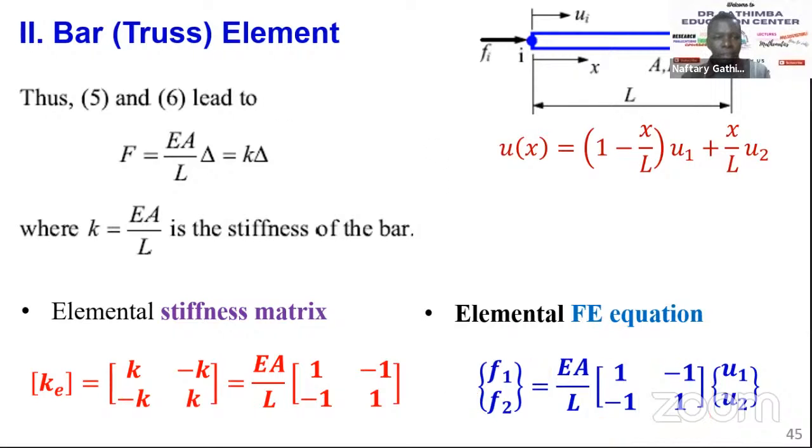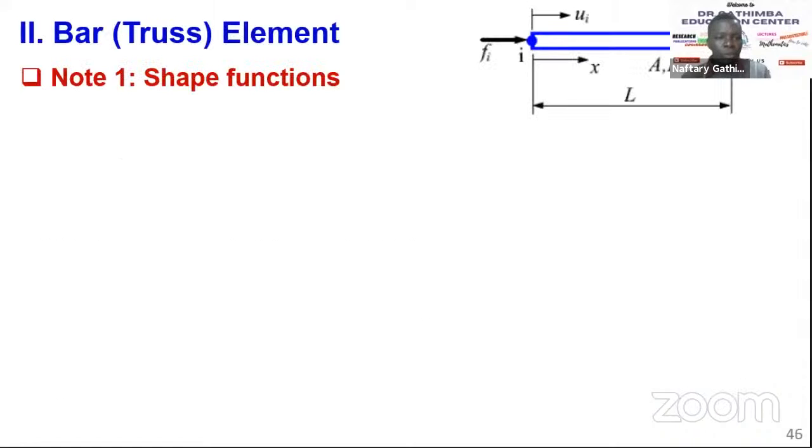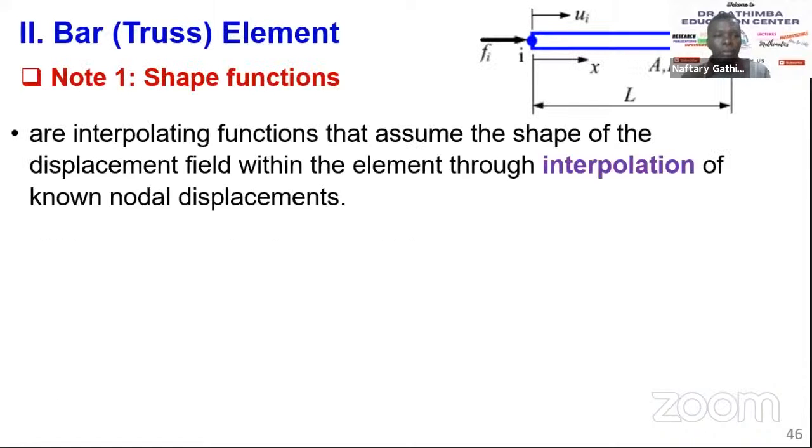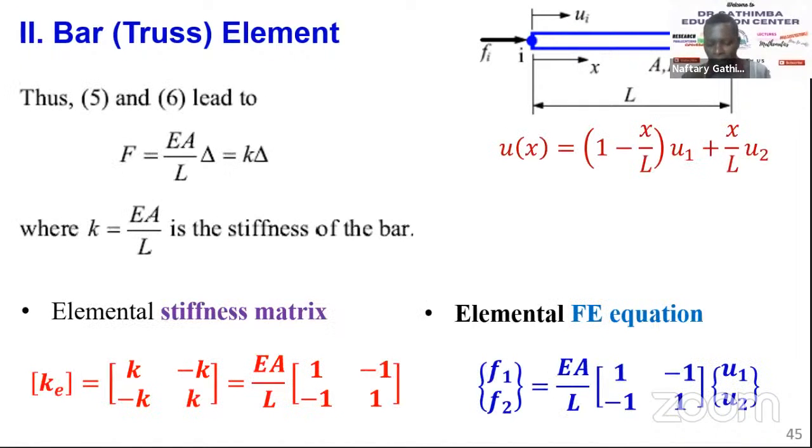The other stage, of course, will be, now we have the stiffness matrix for the bar element at the local scale. So for the overall structure, the assembly, we call it the assembly stage.